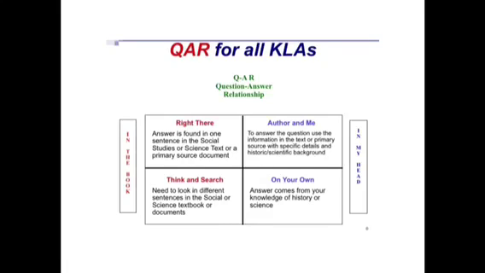Author and me: as the answer is not directly stated in the text, the student draws on prior knowledge as well as what the author has written to answer the question. And on your own involves the student thinking about what is already known from their reading and experience, prior knowledge, to formulate an answer.